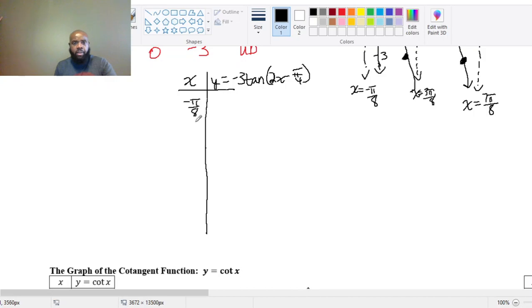You can plug in those values into your function, you get -3.